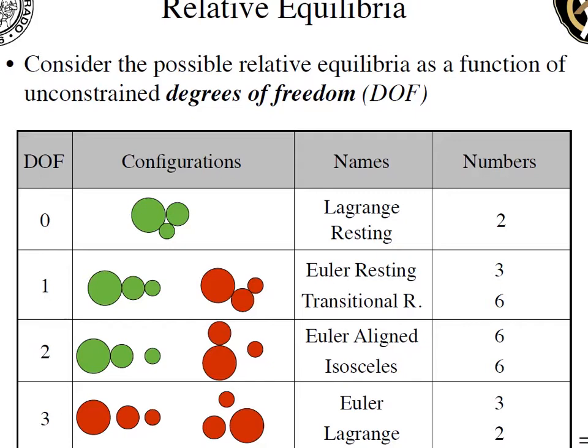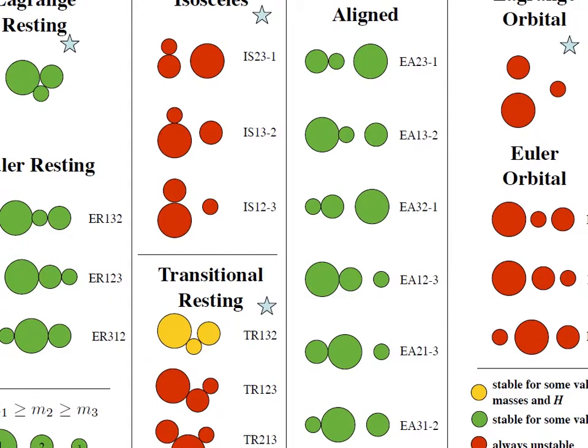We can also order them like this, and here I've color-coded them so that green means that there is some value of angular momentum for which this configuration is stable for any combination of these mass parameters, M1, M2, and M3. Red means that these are always unstable for any mass distribution.